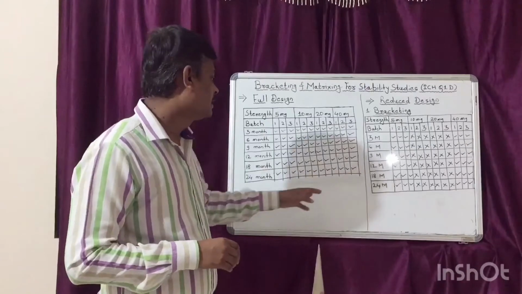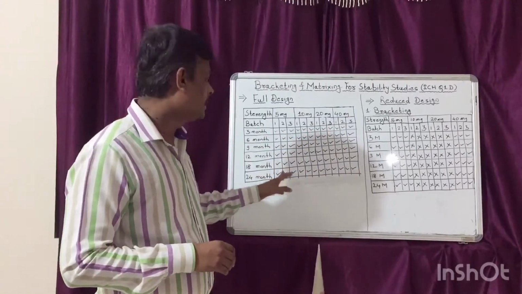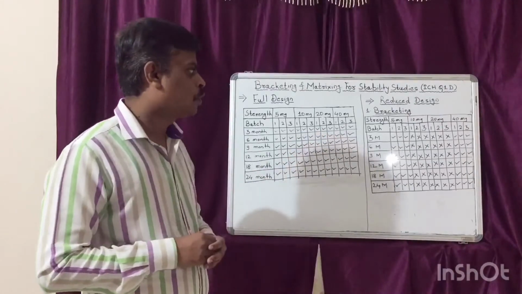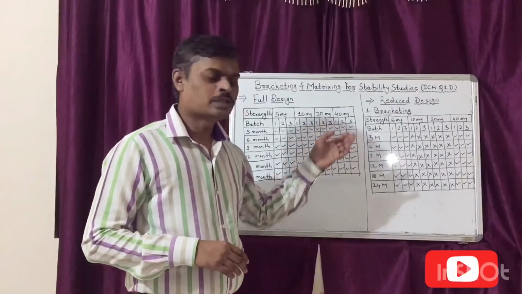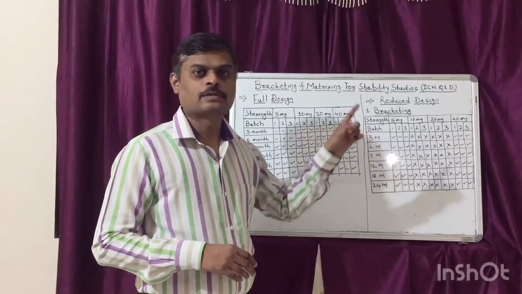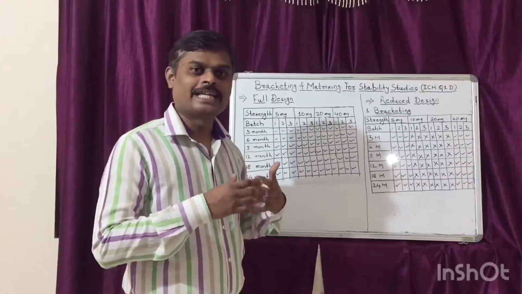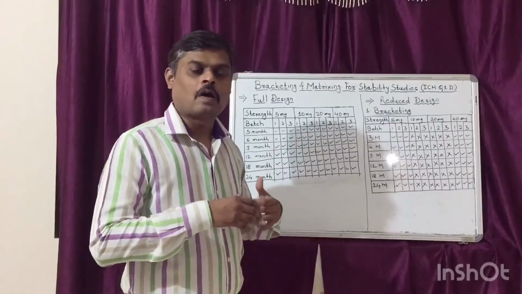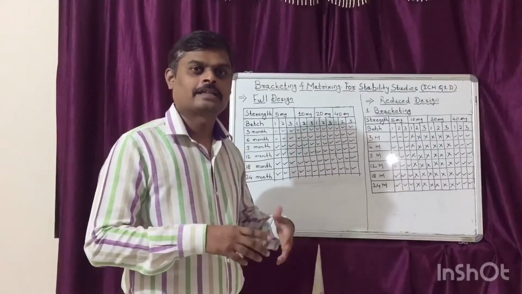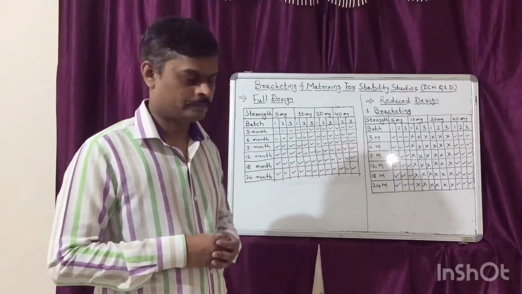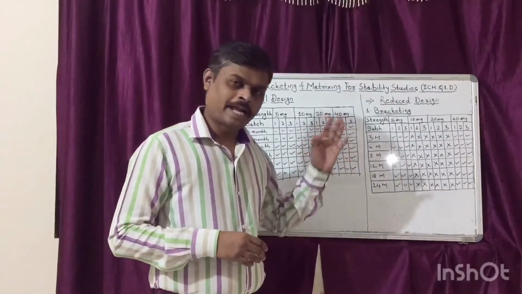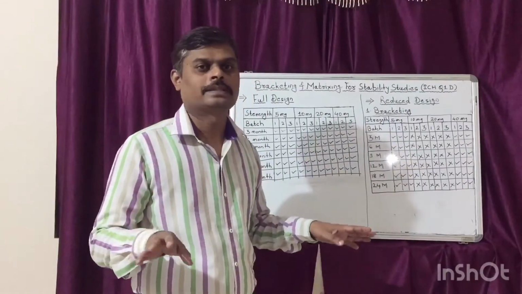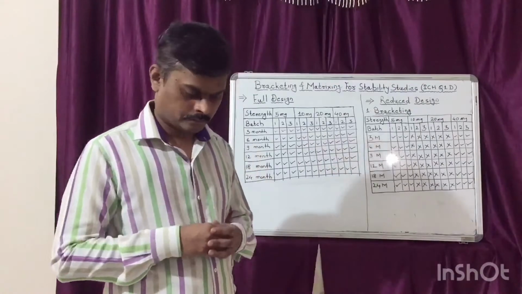From this table you can see that there is no scope for the reduction in analysis, whereas reduced study design is one in which there is no requirement of analysis of all samples of all design factors at all time points. Bracketing and matrixing are two different types of reduced study design.